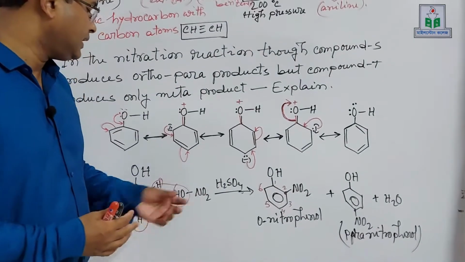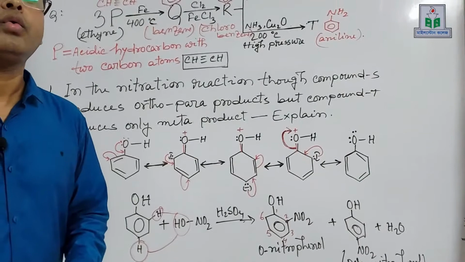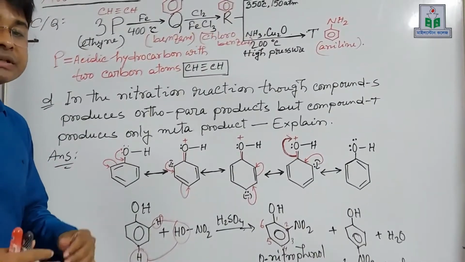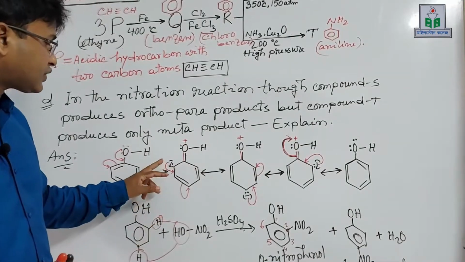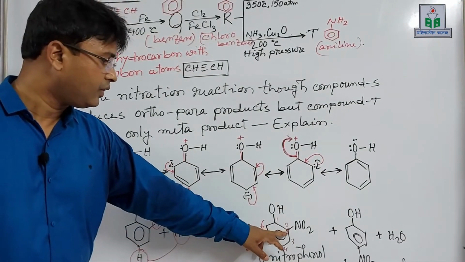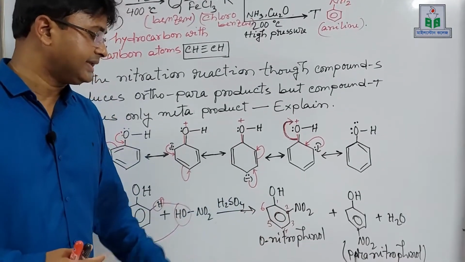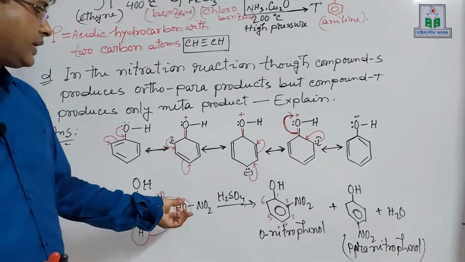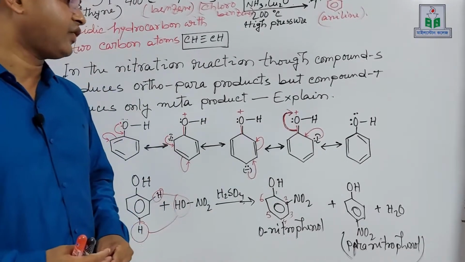Dear students, electrophile means the group which loves electron. As the electron density of the ortho position in the benzene ring is increased, that's why the nitro group attacks the ortho position of phenol.